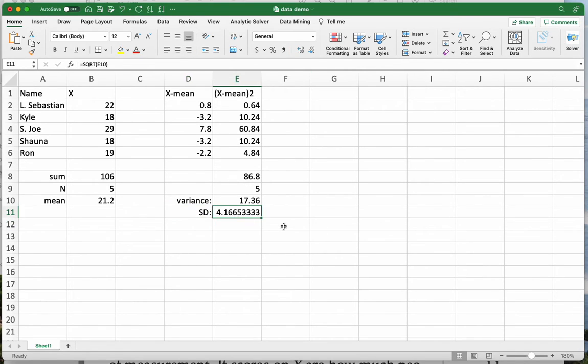So the standard deviation of these scores is 4.1665 and change. That is the average distance, not squared distance, between each score and the mean. It's mathematically just slightly different than that, but that's close enough for our purposes because we're back to the original metric now. The average score, the mean, is 21.2, and the standard deviation is 4.1665.